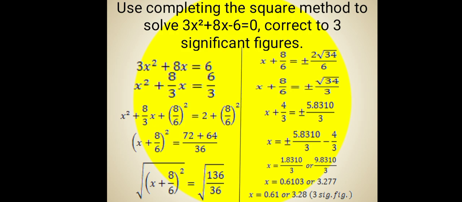And after doing that, we find that the value of x is either 0.6103 or 3.277. If we write to three significant figures, it will be 0.610 or 3.28.